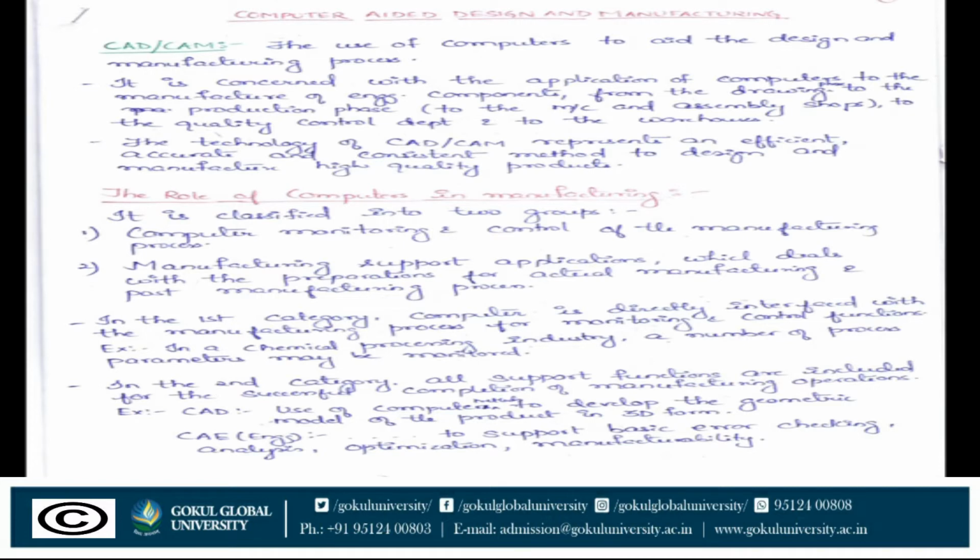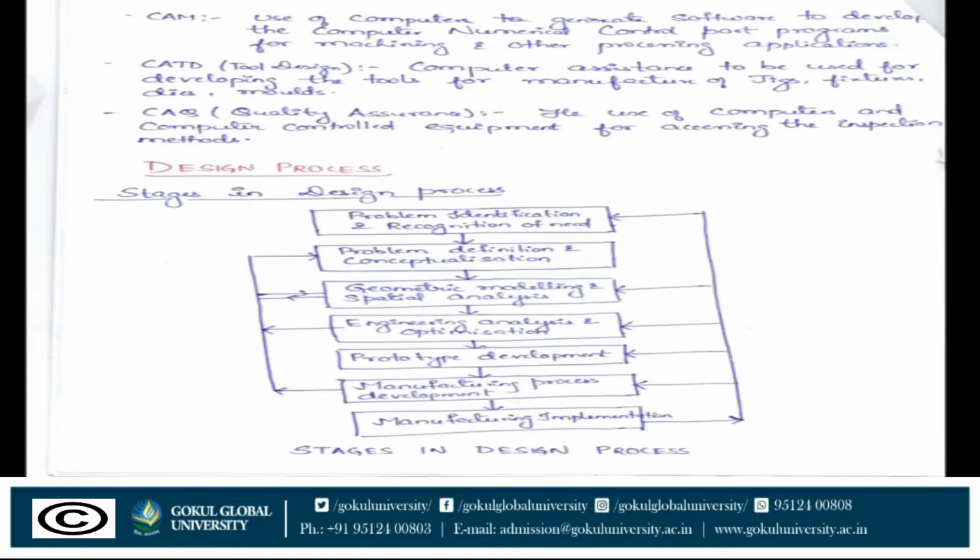The first category of computer is directly interactive with the manufacturing process for monitoring, like in the chemical processing industry, where a number of process parameters may be monitored. In the second category, all support functions are included for the successful completion of the manufacturing operation, like CAD and CAM. Those are examples of this.